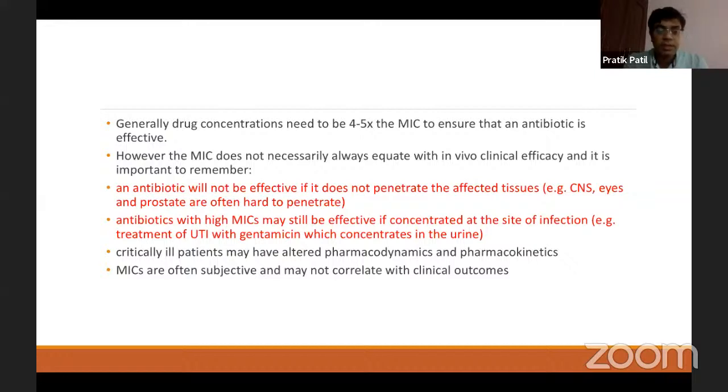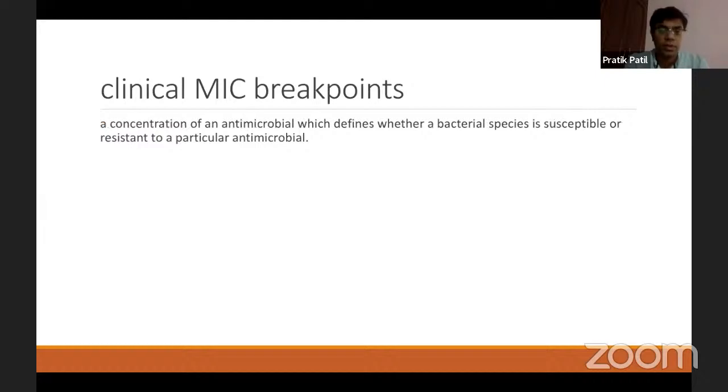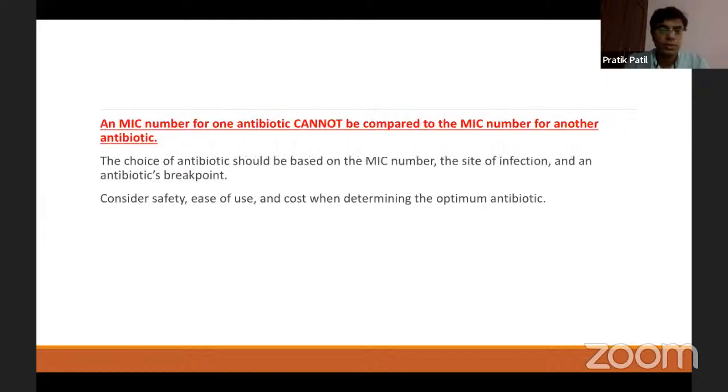Critically ill patients may have altered pharmacokinetics and pharmacodynamics. That's why you need to use the best possible antibiotic as per the sensitivity. And the MICs are often subjective and may not correlate with clinical outcomes all the time. This we already described. Another important point to remember is that the MIC number for one antibiotic cannot be compared with the MIC number for another antibiotic.